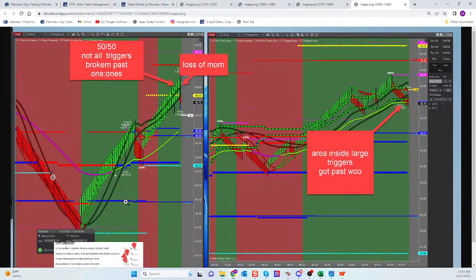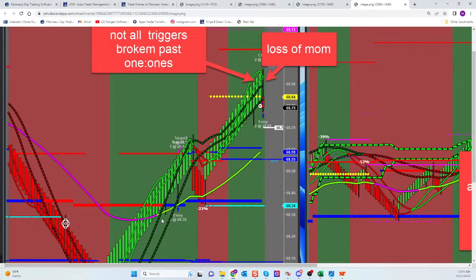Joel, great work on market replay. And here's that 50-50 trade, right? And if the trade is right, it typically does move quickly. Guys, 50% of your trigger lines are above 1-to-1s. 50% are not. What does that mean? That means that this area is not broken yet.